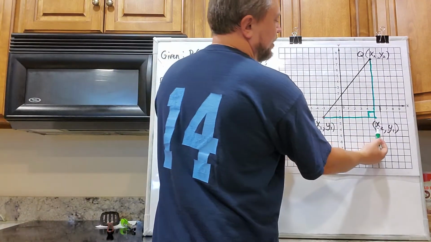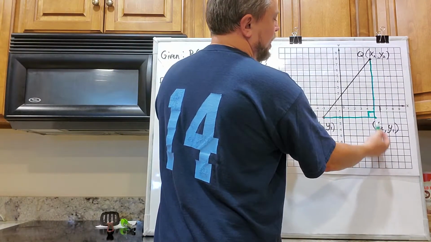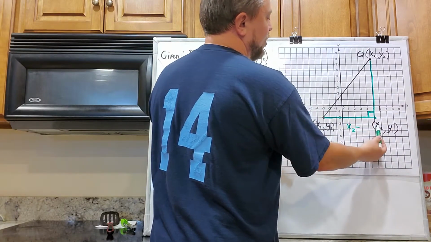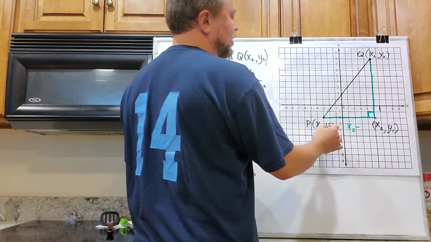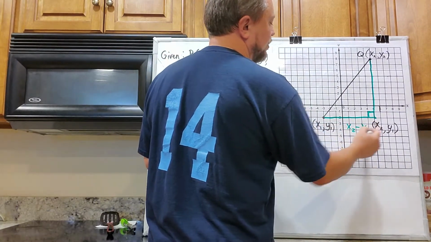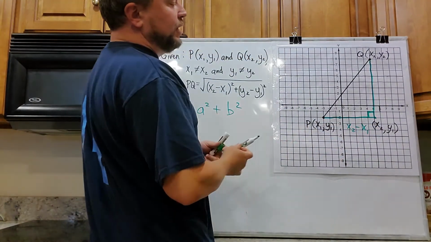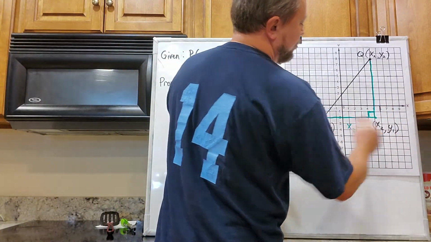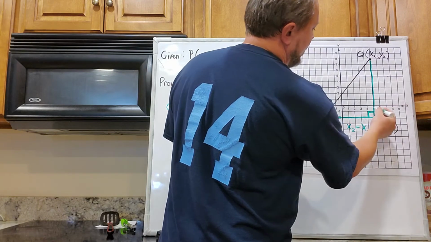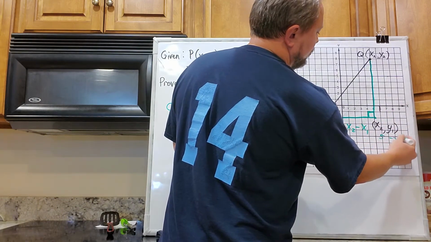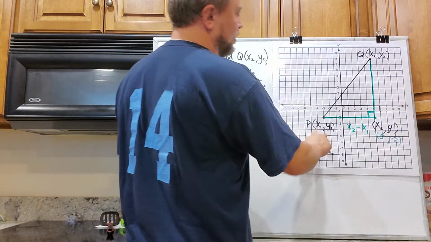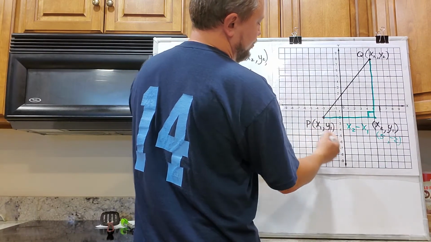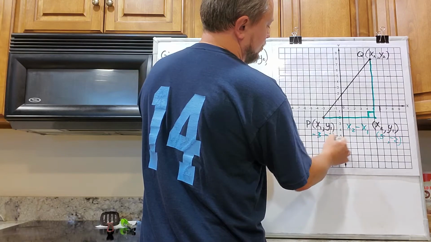I would have to take the x2 ending value over here and subtract from it the x1. If you don't believe me, use the actual coordinates here. See how this is at the coordinates 5, -2, and this one is over here at -3, -2.